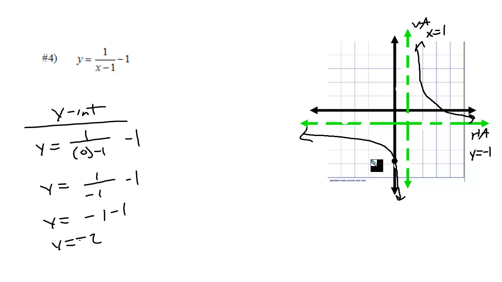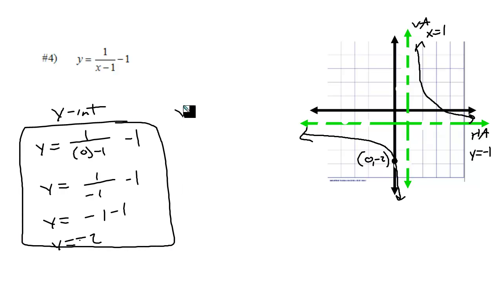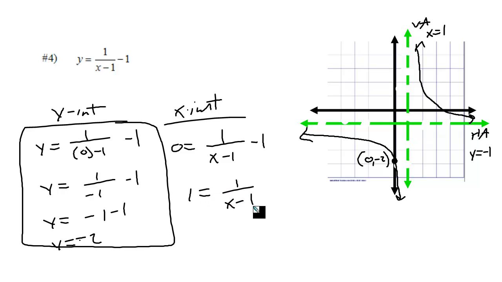So y-intercept here is negative 2. X-intercept, put 0 in for y, and get x by itself. I'm going to add 1 to both sides, multiply both sides by x minus 1, add 1 to both sides, I get an x-intercept of 2.